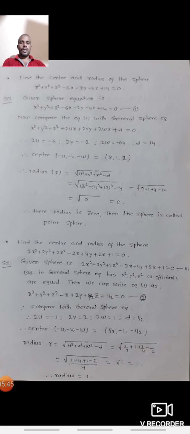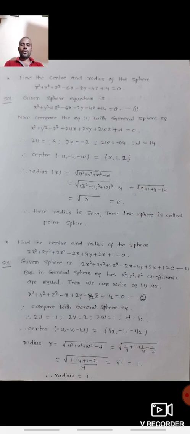Now the solution of the given problem. The given sphere equation is x square plus y square plus z square minus 6x minus 2y minus 4z plus 14 equal to 0. Let us consider it as equation 1. Now compare this equation with the general equation of the sphere, x square plus y square plus z square plus 2ux plus 2vy plus 2wz plus d equal to 0.